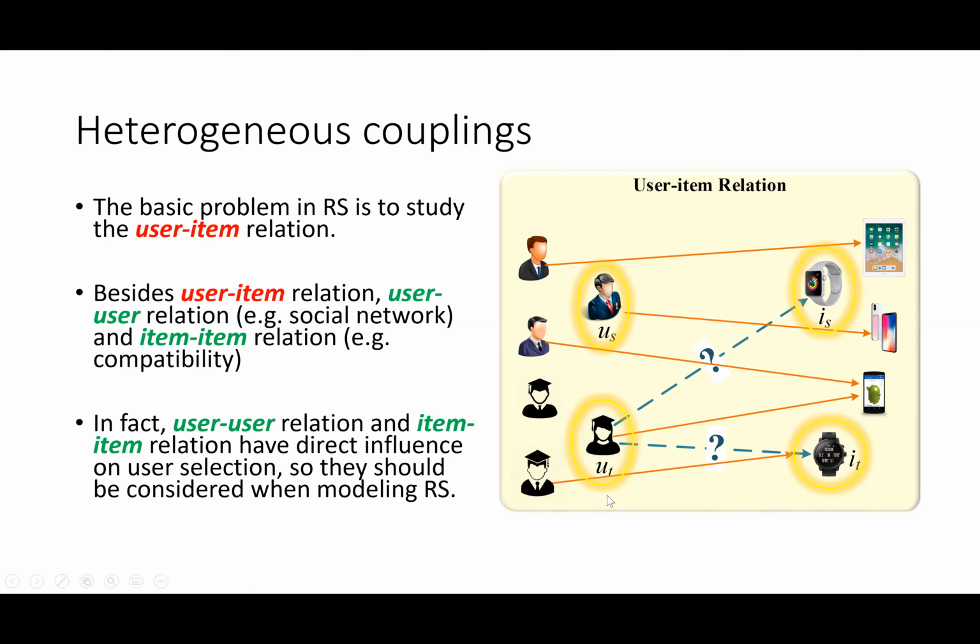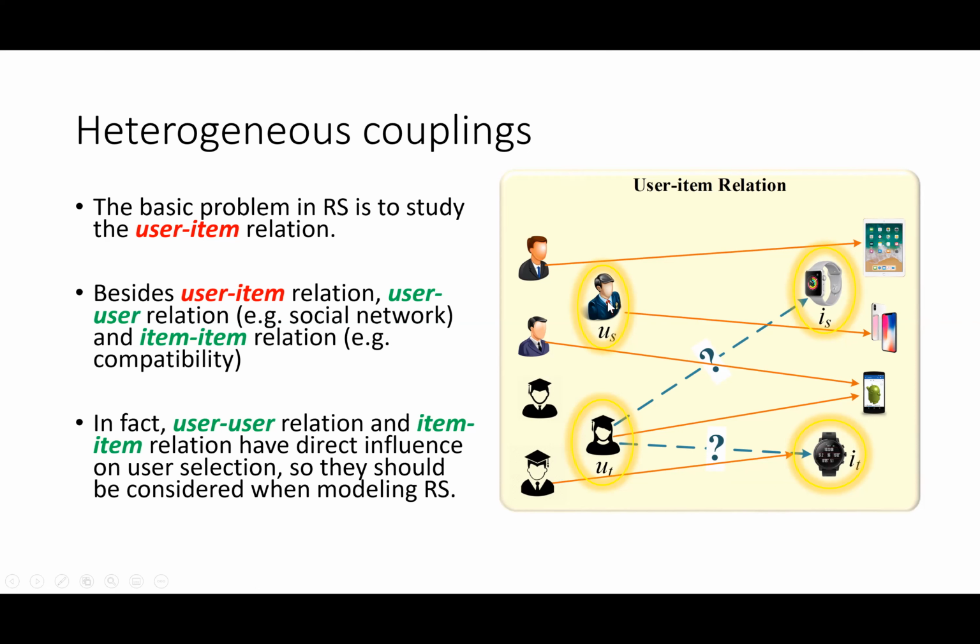But there are significant issues with this kind of setting. I want to talk about it later in another topic about non-IID recommender systems, where I will explain a little more, but here we just focus on the different relations. Similarly, with arrows here we show there's a user-item relation.